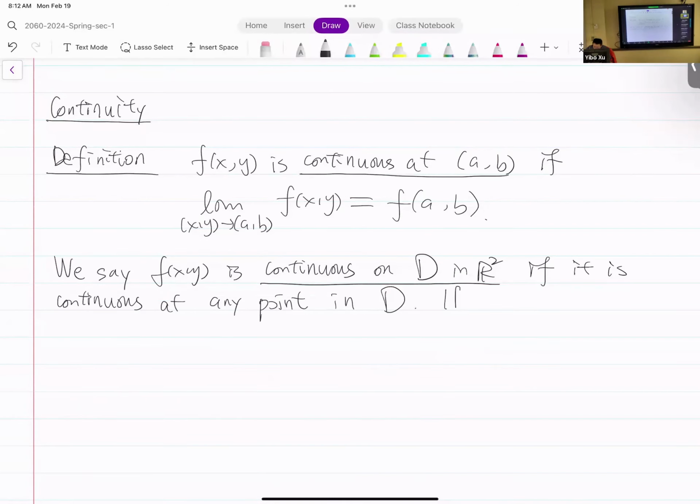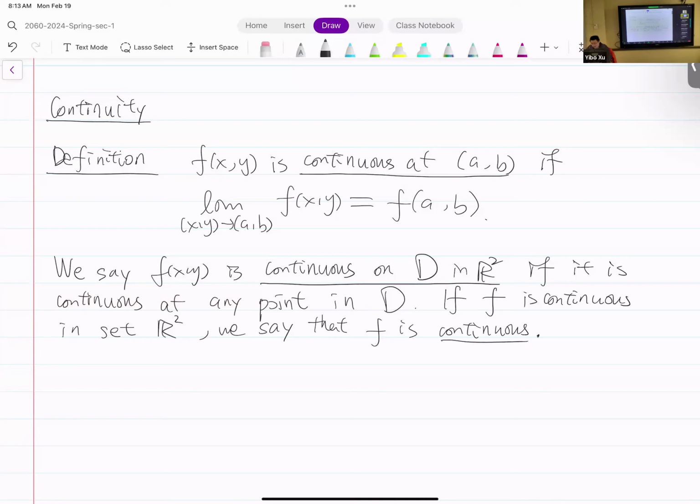And finally, basically if f is continuous within the entire R2, in the entire R2 plane, then we say this function is continuous. We just abbreviate, omit the domain in this case. So if f is continuous in the entire xy plane, the set R2, we say that f is just continuous.